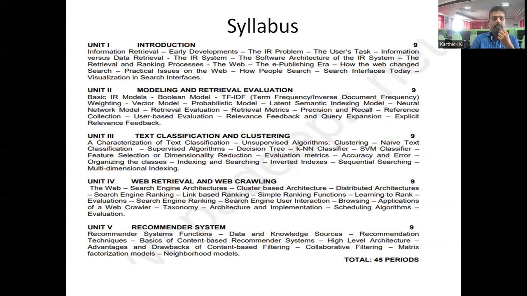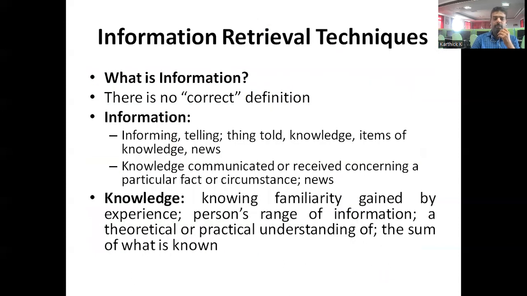Before starting the introduction, I will tell you what is information retrieval. In ancient periods, before the development of systems, computers and languages, we started using sign languages to store our information. We did not use computers to store information.